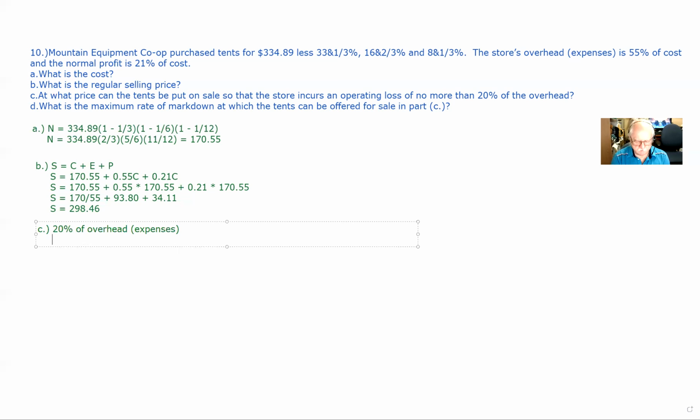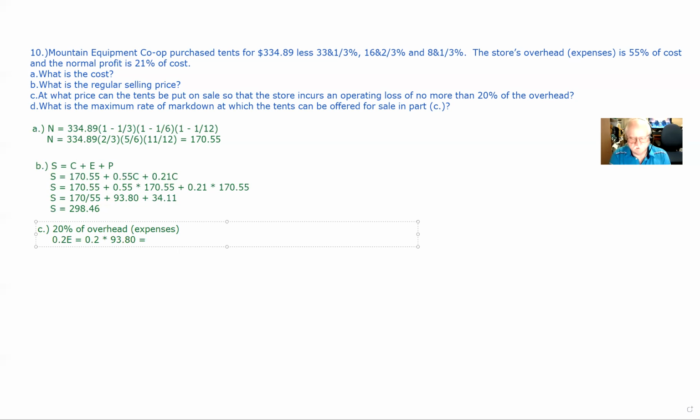So we want 20%, 0.2 of the expenses, which equals 0.2 times, and we figured out the expenses up here as 93.80.